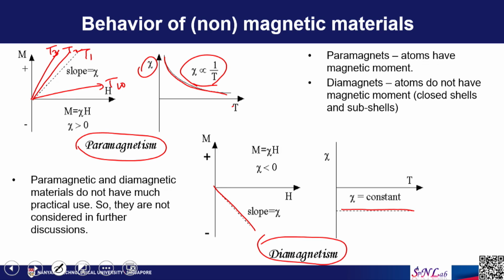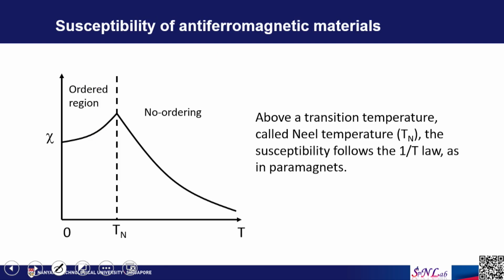Now, let us come back to the question, how will we distinguish between a paramagnetic material and an antiferromagnetic material. In the case of antiferromagnetic materials, I told you that above a certain temperature these materials will not have ordering, they will be paramagnetic. So, antiferromagnetic materials will behave like paramagnetic materials above a certain temperature called the Néel temperature, but below the Néel temperature their susceptibility has a different behavior.